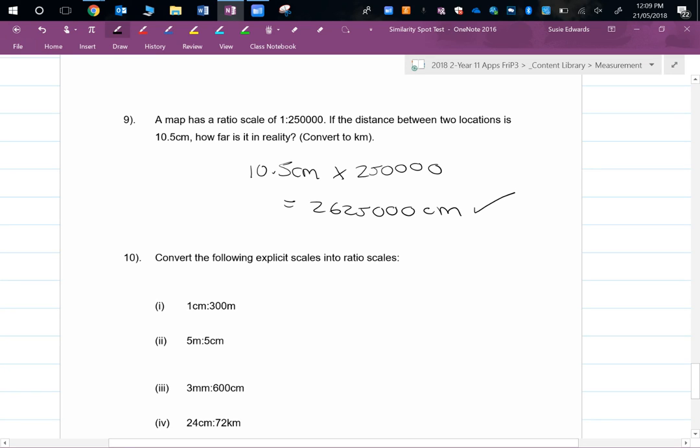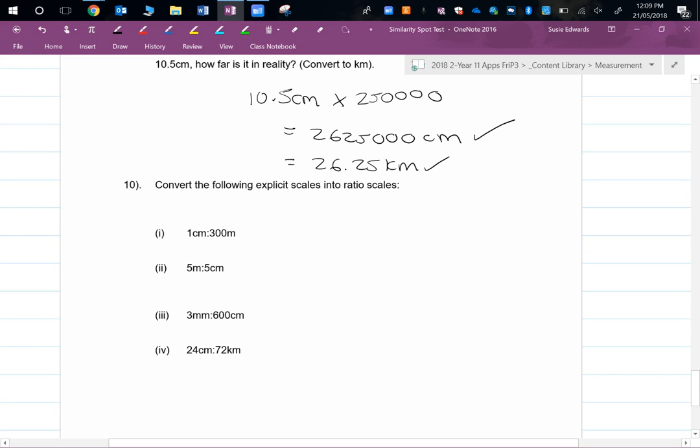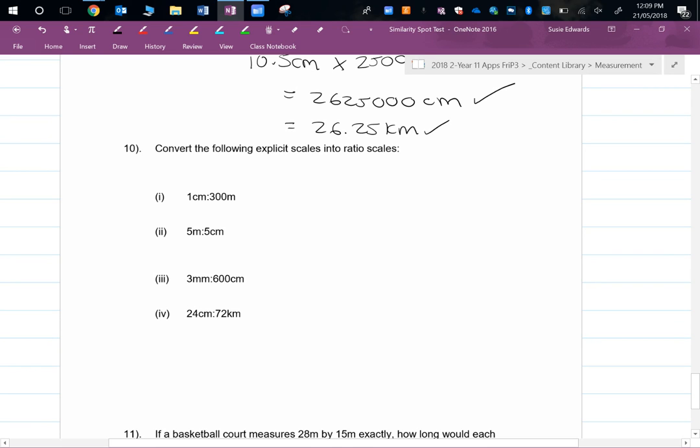Your second mark comes from changing it to kilometres, which is moving by 5 decimal places. So 26.25 kilometres is your second mark for that question. It does specifically say convert to kilometres. If it says convert explicit scales into ratio scales, it's just saying write it as a ratio, which means you have to have measurements the same.